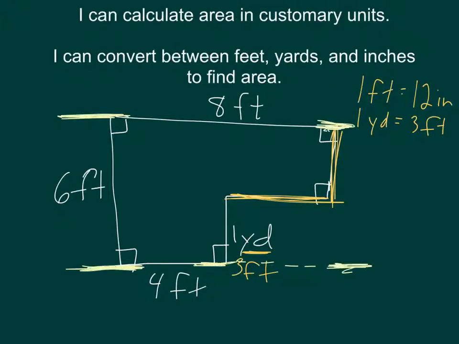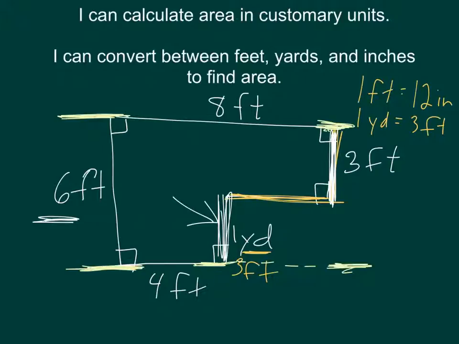And I already know that this side is 3 feet. So if this is 3 feet, and this is vertical, whatever 3 feet is plus this has to equal the total of 6 feet. Well, 3 feet plus 3 feet is 6 feet. So I know that that is 3 feet.